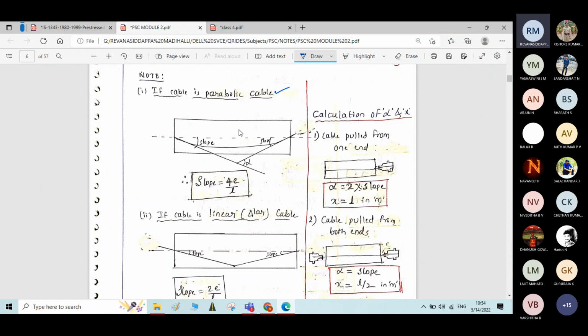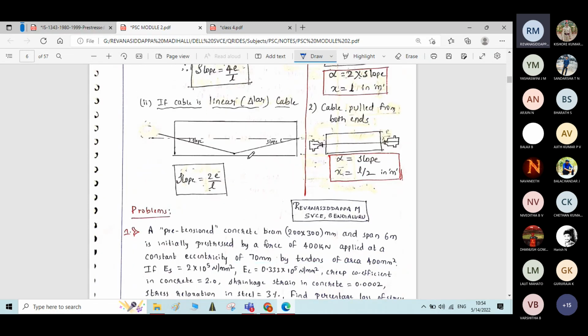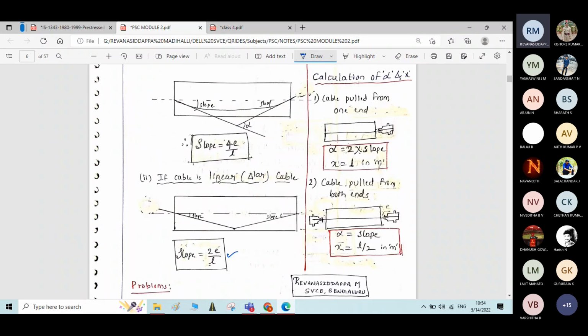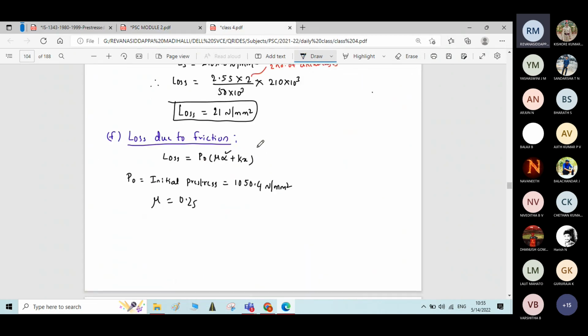For a parabolic cable, the slope is calculated as 4e by L. If the cable given has a linear profile, then the slope is calculated as 2e by L. This is how we calculate the slope, depending upon the cable profile. Next, coming to the calculation of alpha and x.